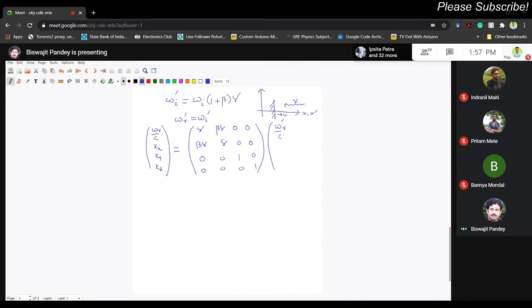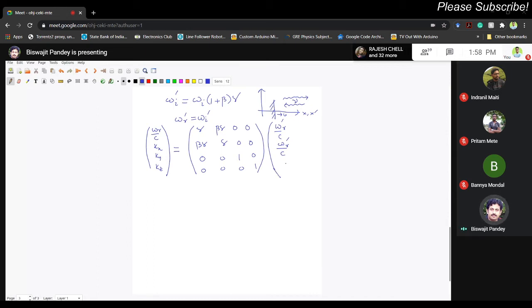So omega I by c was positive in the previous case, because the wave was traveling in the minus x direction. The incident wave is traveling along the minus x-axis. The reflected wave will travel along the plus x-axis. So that's why for the reflected component, you should write omega r prime by c, not minus omega r prime by c. So that's the difference.